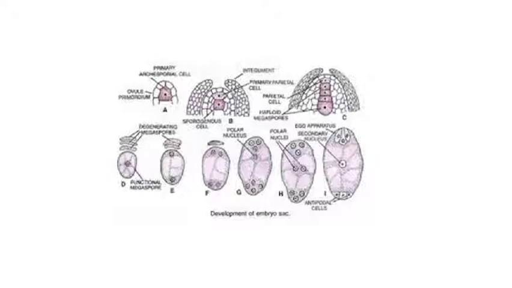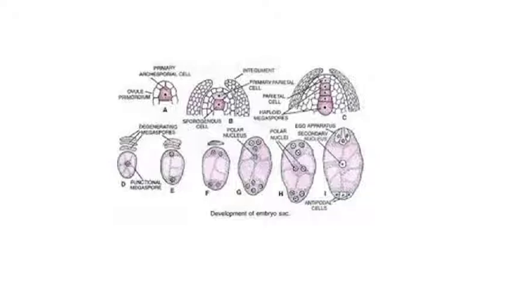The inner primary sporogenous cell directly works as the megaspore mother cell, and it undergoes meiotic division and forms four haploid megaspores. Out of four megaspores, three are degenerated and only one megaspore is functional. See here, this is the functional megaspore and three megaspores are degenerated.